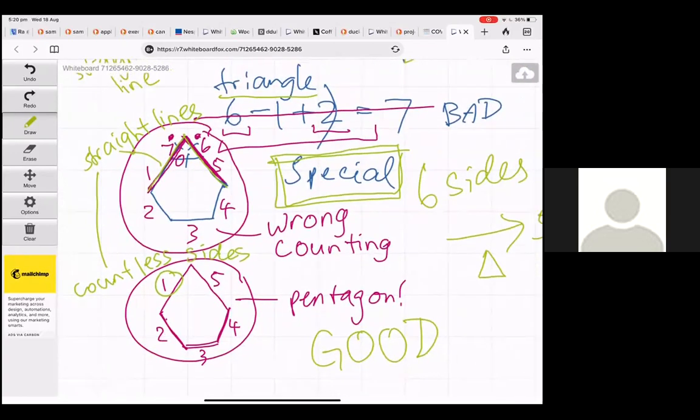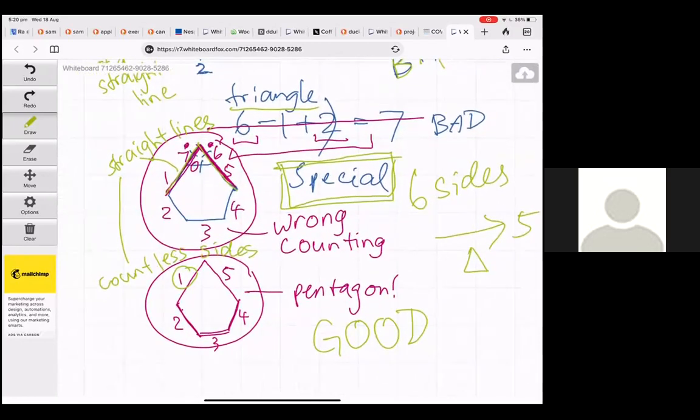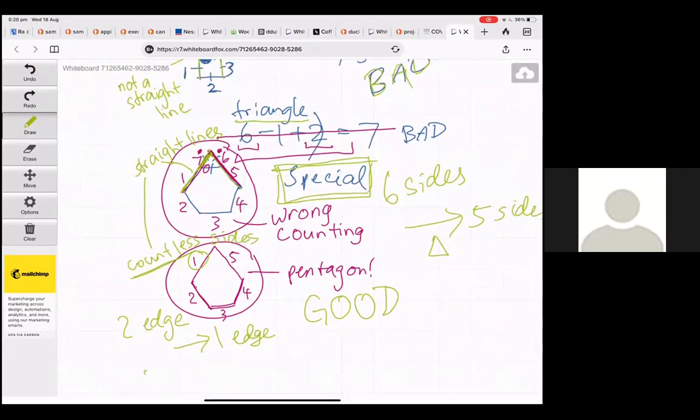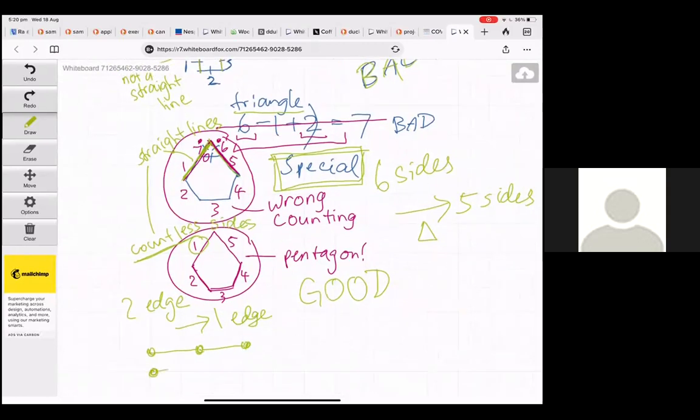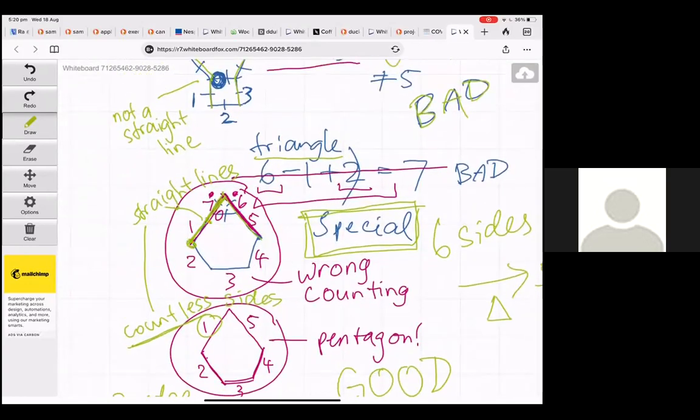And by creating straight lines, I can count less because the 2 edges join to become one edge. It's like we go from 2 edges like this, just to one straight edge like that, where these are the 2 edges that we joined, and then that created a straight edge like this.